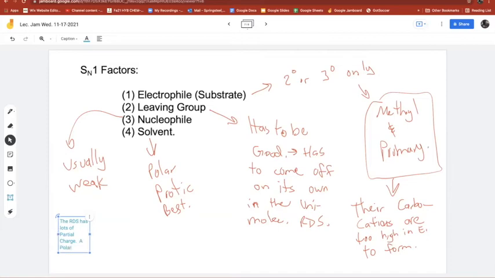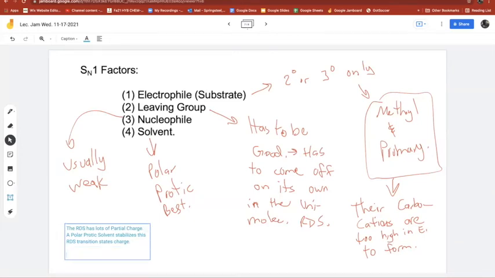A polar protic solvent stabilizes the rate determining step's transition state, and if it stabilizes that charge of the transition state, that means that transition state is lower in energy, activation energy is lower, faster reaction.